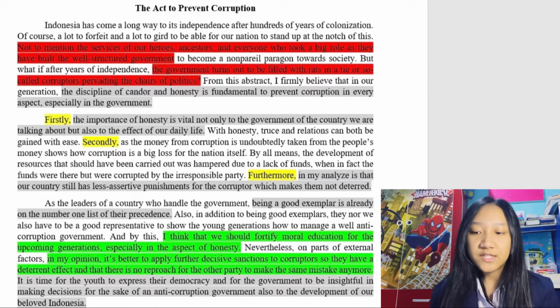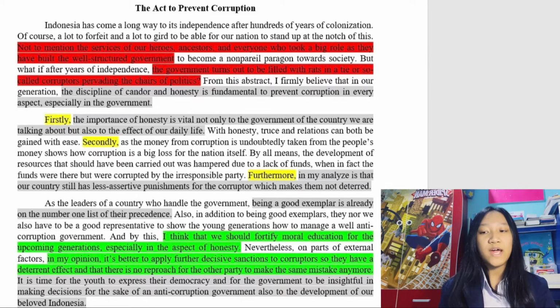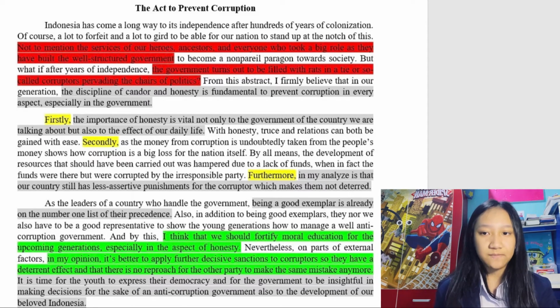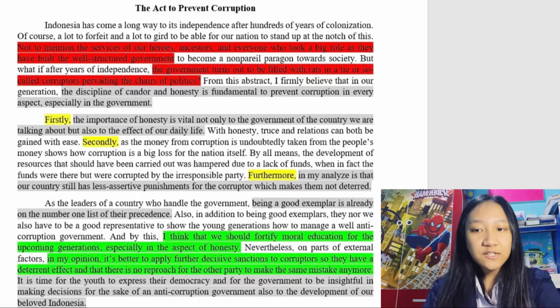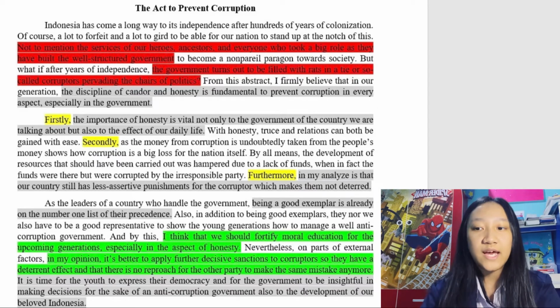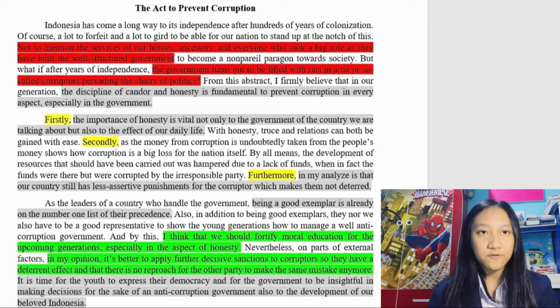And for the language features, I use the code red, gray, yellow, and green, as we can see on the text. The red shows the passive voice, not to mention the services of our heroes, ancestors, and everyone who took a big role as they have built, using verb 3.